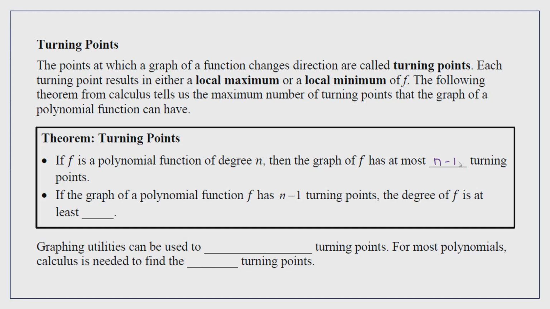If the graph of a polynomial function f has n minus 1 turning points, then the degree of f is at least n. So graphing utilities can be used to locate turning points. For most polynomials, calculus is needed to find the n minus 1 turning points.